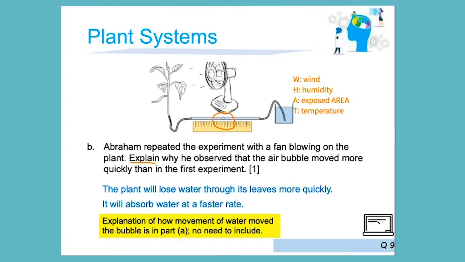You don't actually need to explain how this will affect the movement of the bubble, but you just need to be able to tell me that presence of wind, low humidity, greater area, and higher temperatures will cause the plant to lose water more quickly. If a plant loses water more quickly, it will absorb water more quickly as well. To help you remember, these are factors that affect not just evaporation, but also transpiration. Okay, so maybe I'll write this down for you. These are factors affecting either evaporation or transpiration.